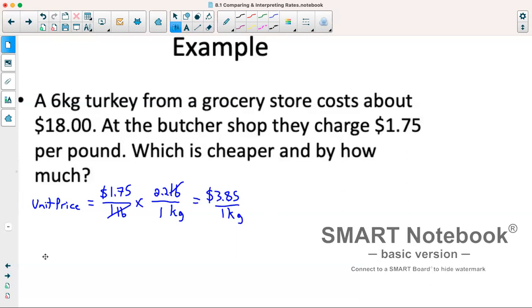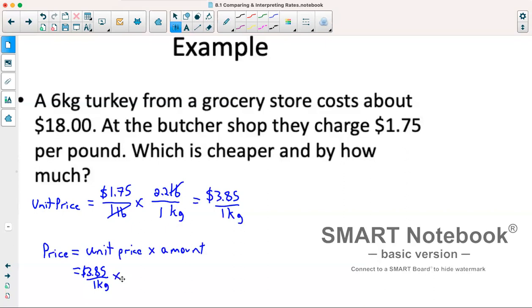Now that we have that, we can figure out our actual price by taking our unit price and multiplying by the amount. So our unit price was $3.85 per kilogram.